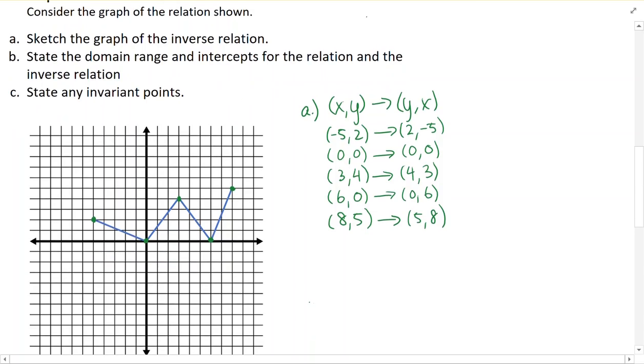So 2, -5 is down here. 0, 0 is at the origin. 4, 3 is up here. 0, 6 is up here. And 5, 8 is up there.